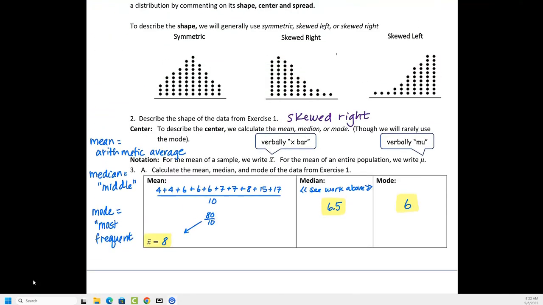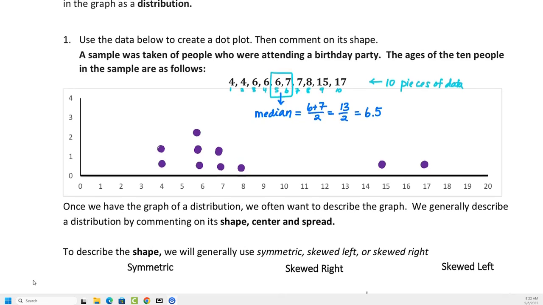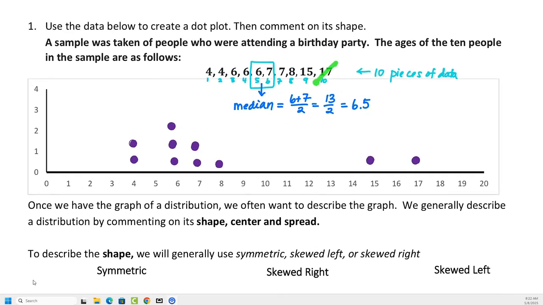So let's come back up here. If I changed this number here, instead of being 17, we made it 27, which means we get rid of the dot here and we put it way off here, 27. How is that going to affect the mean?